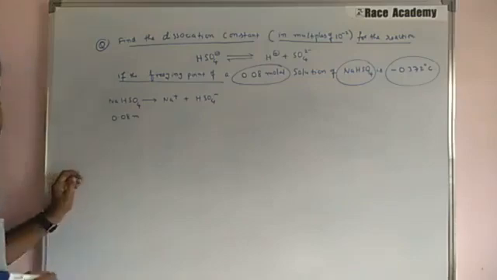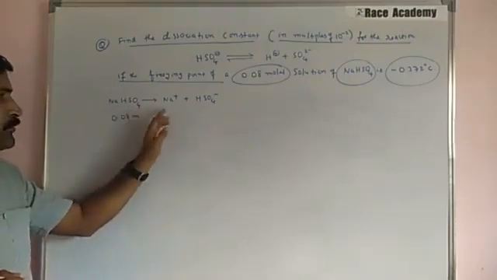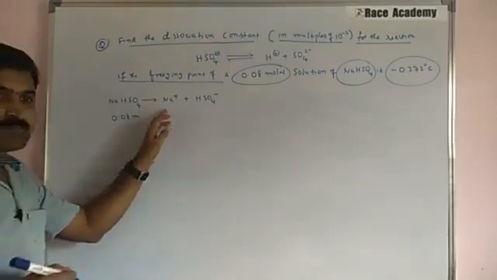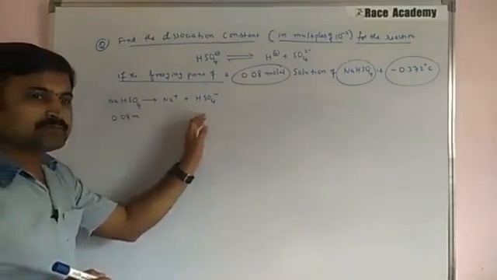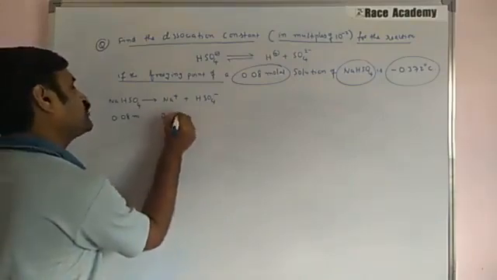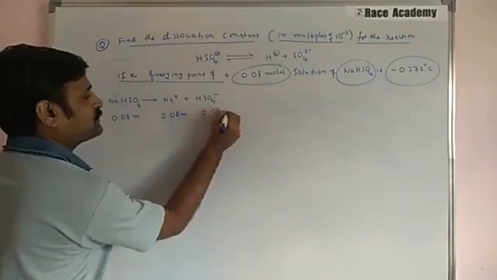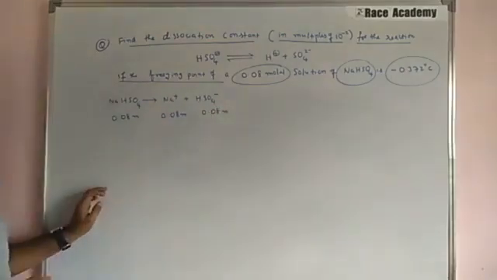It indicates that the molality of sodium ion and bisulfate ion is very clear. So sodium ion is also 0.08 molal, and bisulfate also 0.08 molal. This we have to remember.